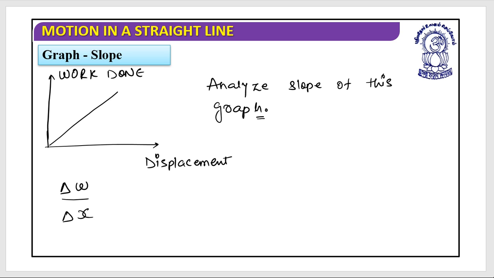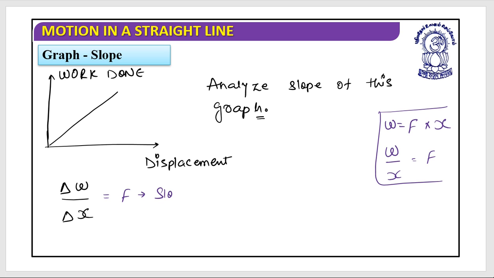Now at the back of the mind, I must know that work done is equal to force into displacement. So if I divide this, I must have a force. This must be done in the back of your mind. So the slope of this graph is force. Have you done up till this?